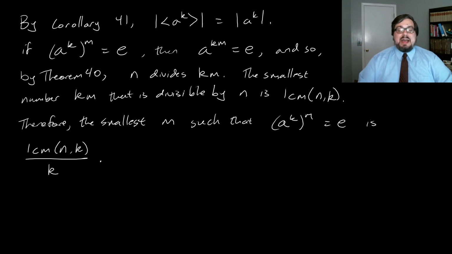Because km has to be the least common multiple of n and k, therefore m has to be the least common multiple of n and k over k.